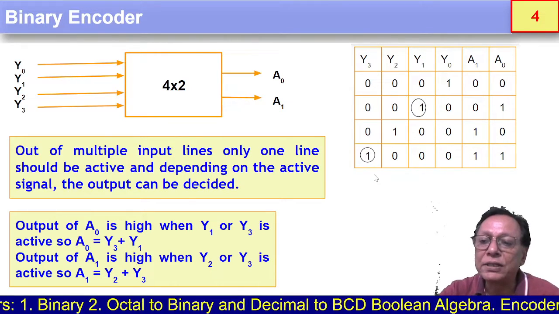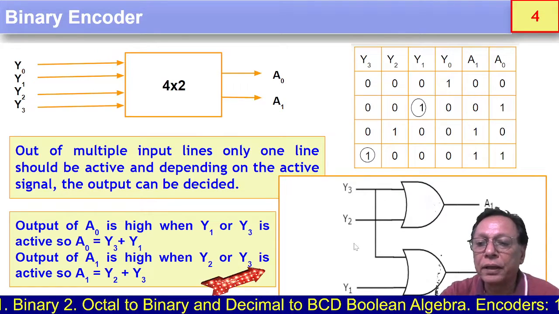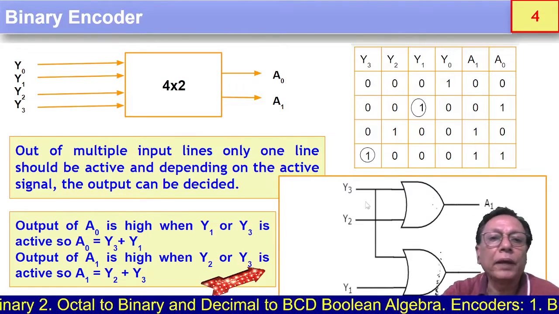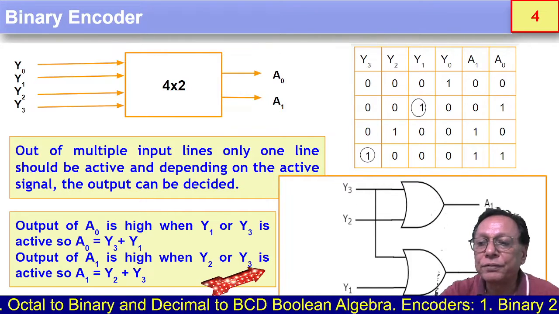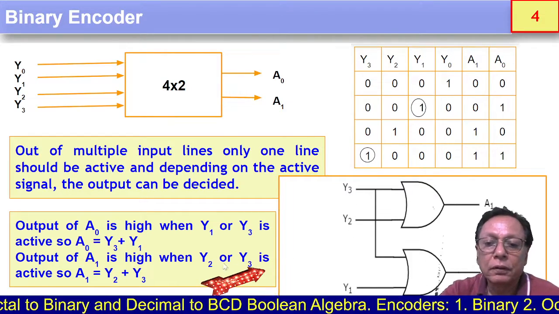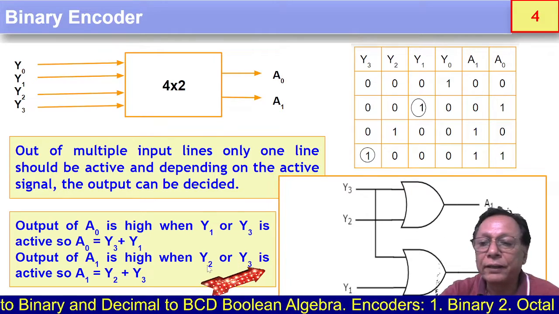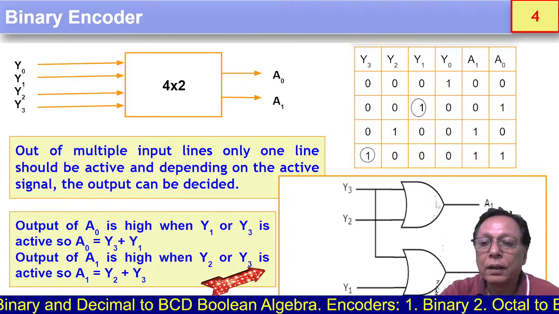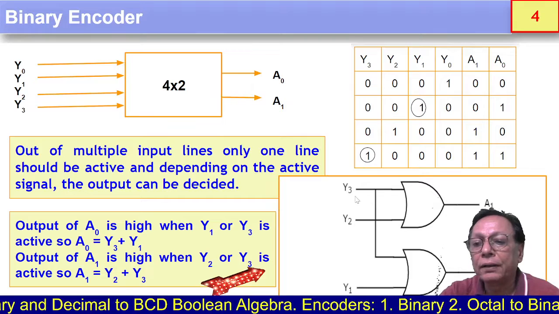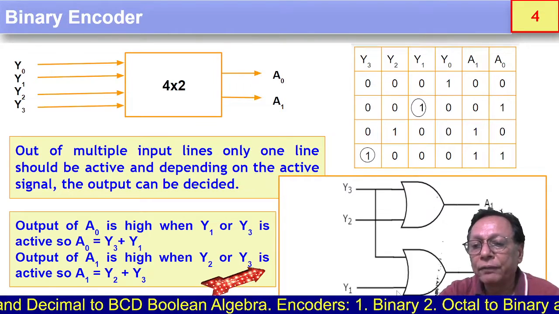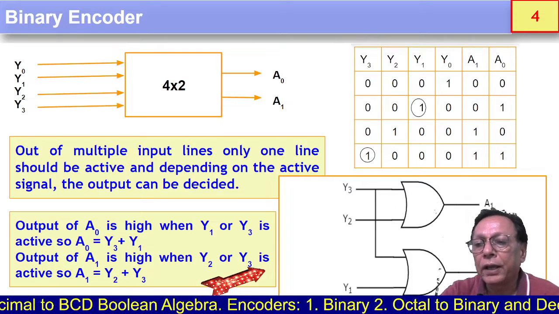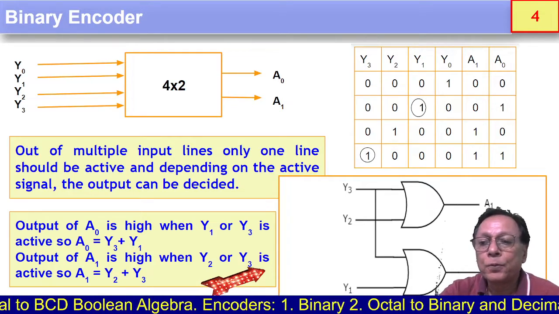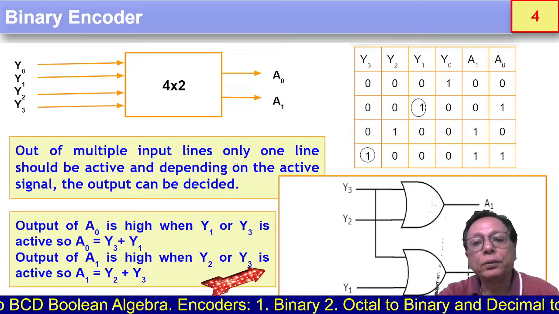So depending on these signals, we can draw a circuit diagram for the binary encoder. When Y3 and Y2 are active, it gives A1. And if Y1 and Y3 are active, then it produces A0.